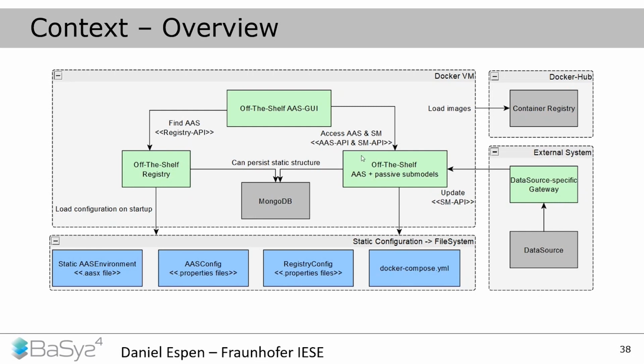So if you had an external system, for example a device, like the temperature sensor that is teased in the submodel that I showed, then you would also need a way to get your data into the off-the-shelf component, or into the asset administration shell. So the AASX file itself is static and doesn't do anything by itself.